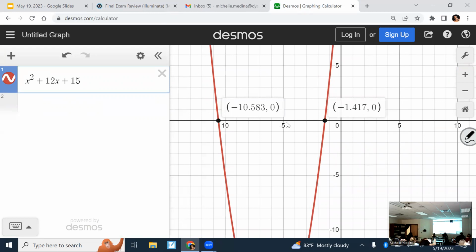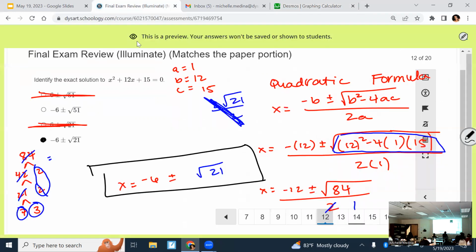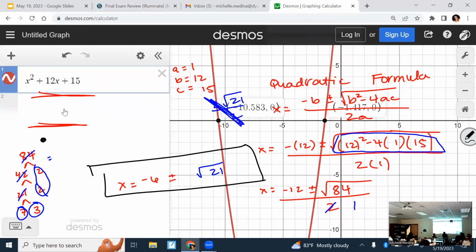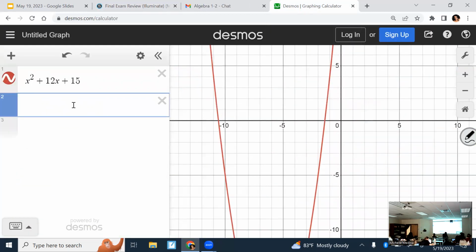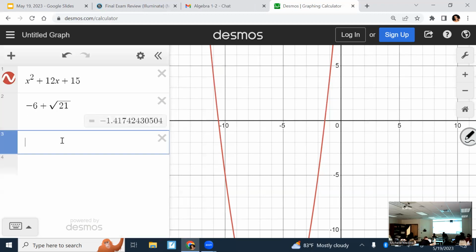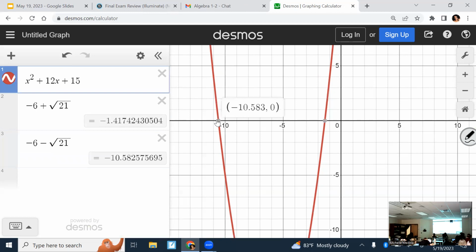But since it's multiple choice, you could plug in your answer options and see which one matches those decimals. So clearly my zeros are negative, so I'm going to probably type in only the negative options. If I type in the one that was our answer, so -6 plus the square root of 21, and then -6 minus the square root of 21, these match the decimals I have, don't they?